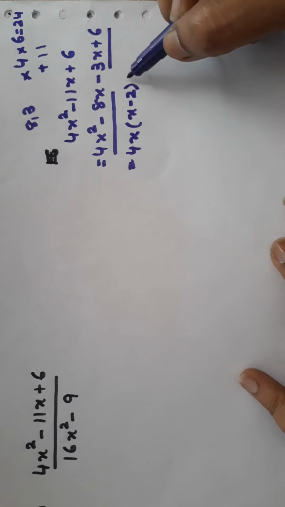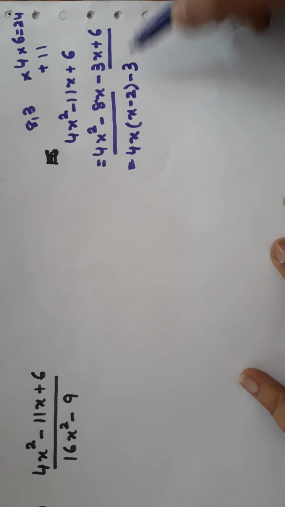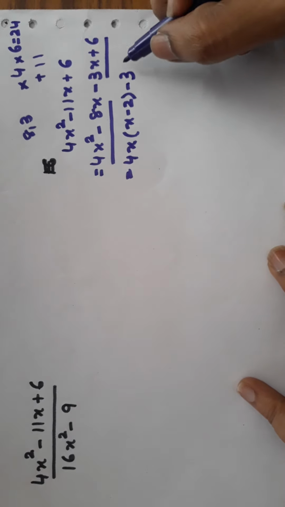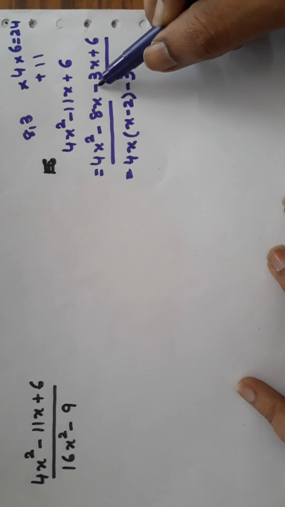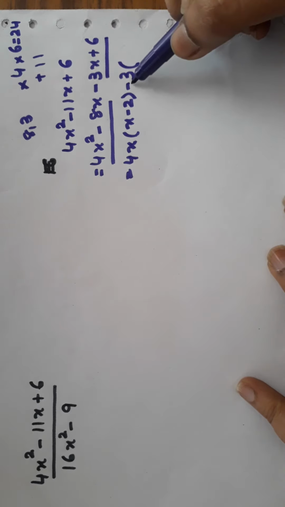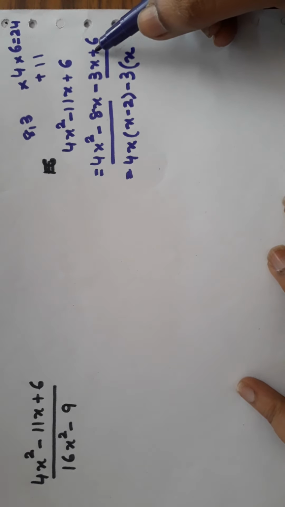Here it is minus, so you have to take minus common. In both the terms 3 is common, so minus 3 you should take as common. Minus 3x, but since you have taken minus outside, here it will be plus x.